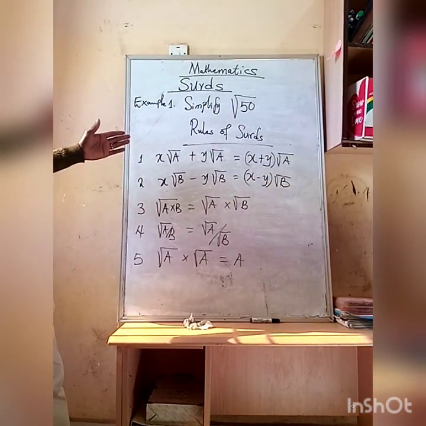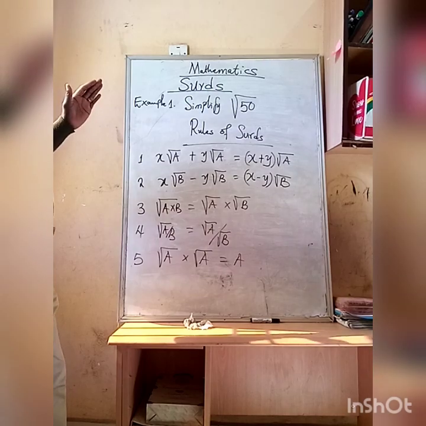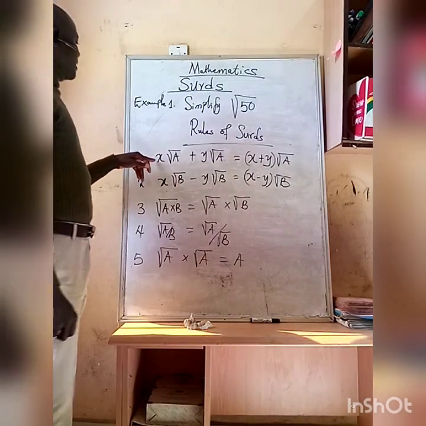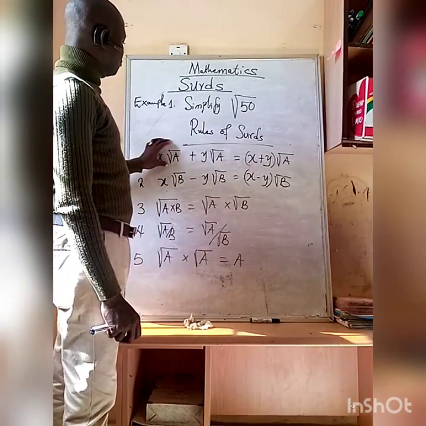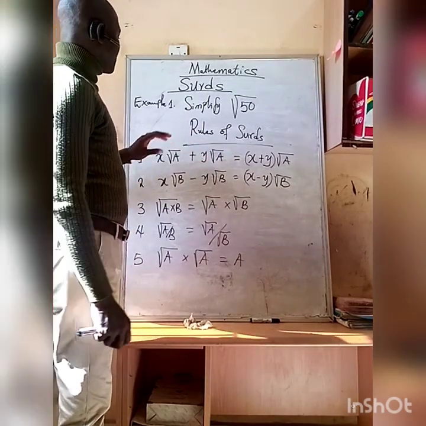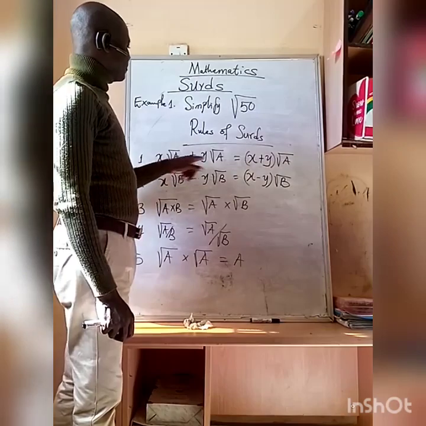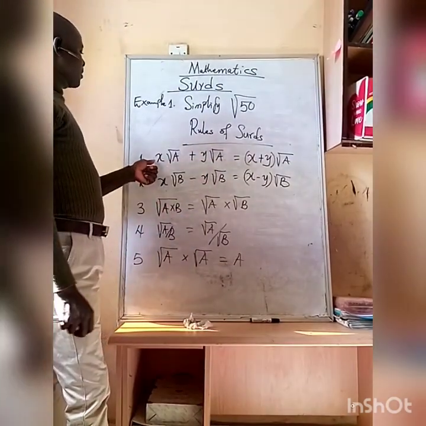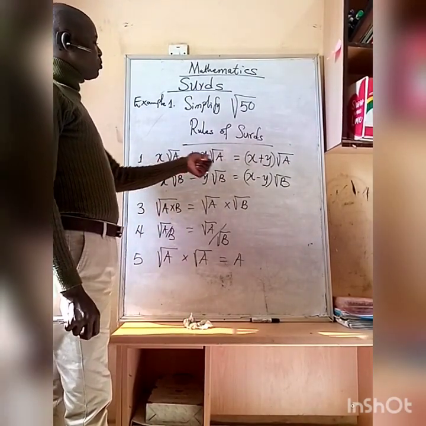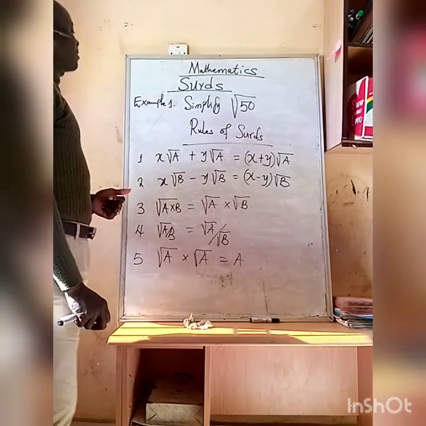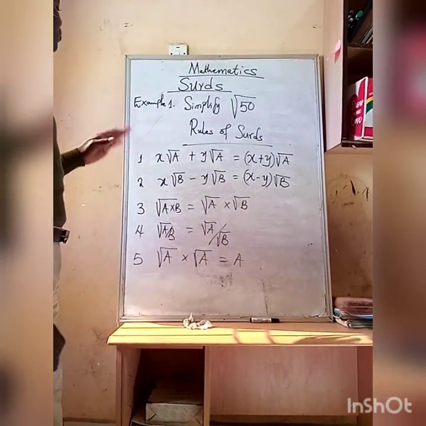So, in actual sense, this is what the rules mean. If you have two expressions that are in SURD form and they have the same terms under the root, but the terms happen not to be perfect squares, in the first place, that's what makes it a SURD.